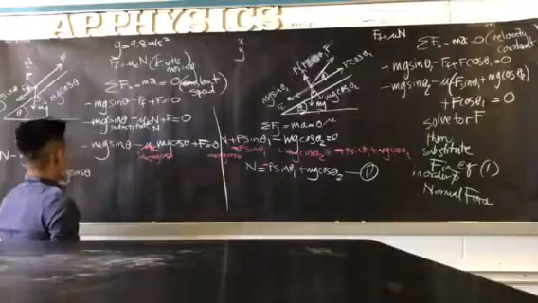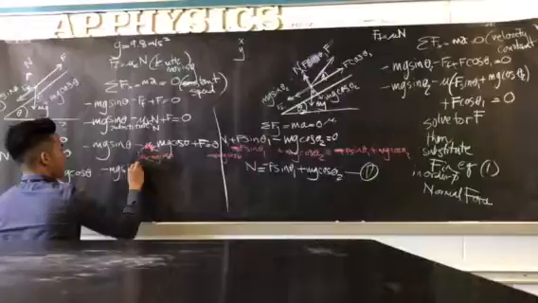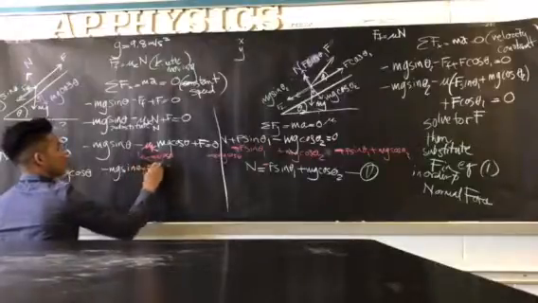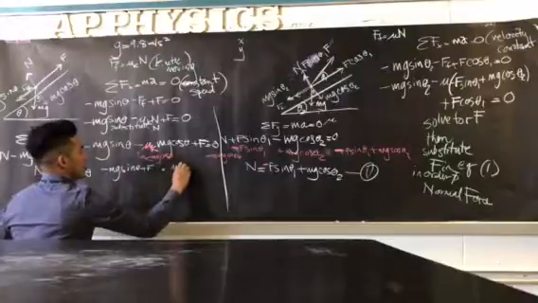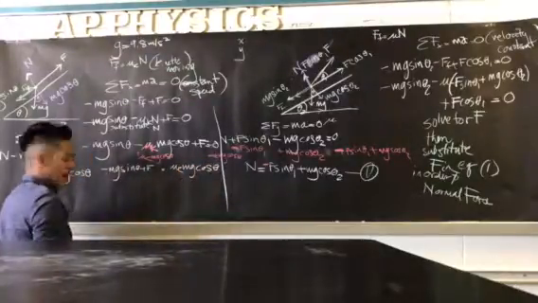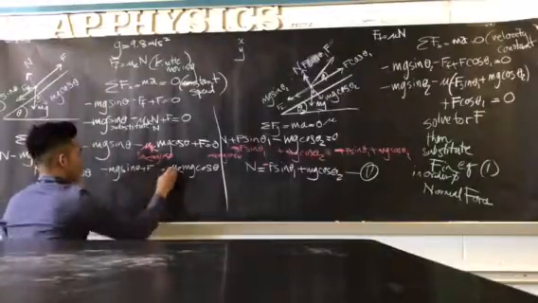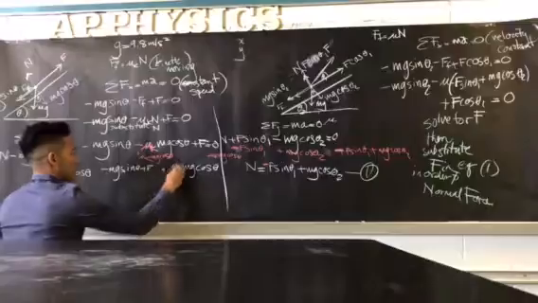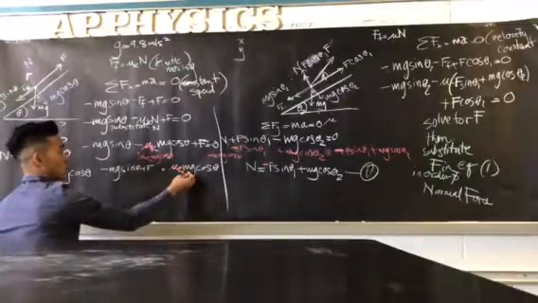So that on the left hand side, I will get negative mg sine plus F is equal to mu k mg cosine theta, right? And now I'm isolating everything. I'm trying to solve for mu k. So I'm trying to isolate this one.